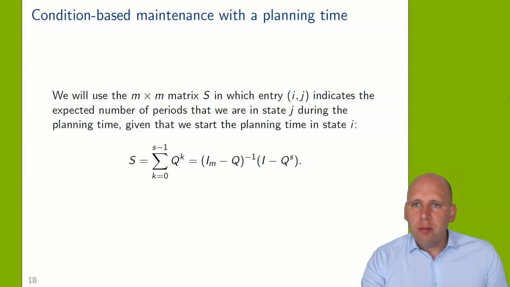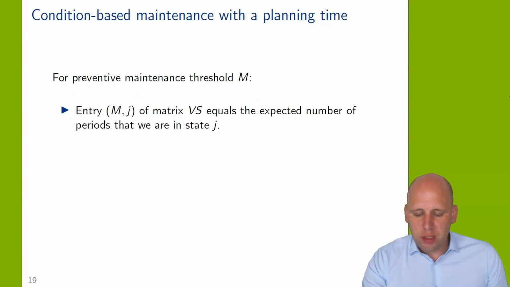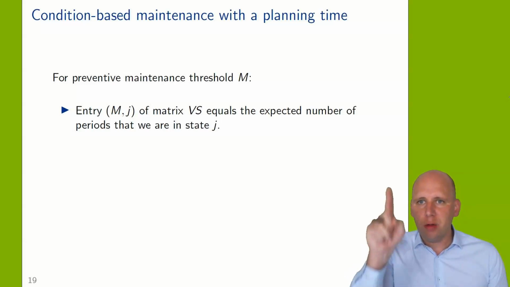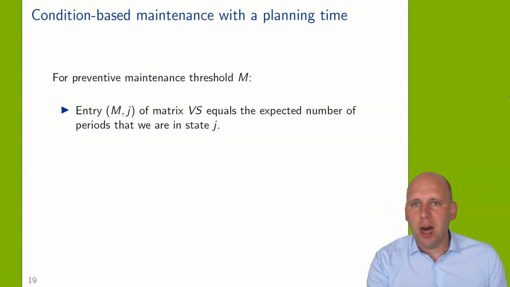Now we have V times S, which is then also an important matrix, so the product of the two. What we do is we basically multiply probabilities of starting the planning time in a state by the corresponding expected number of periods that we are in a state. And that basically gives us the overall expected number of periods that we are in state J. So that's given by this matrix product.